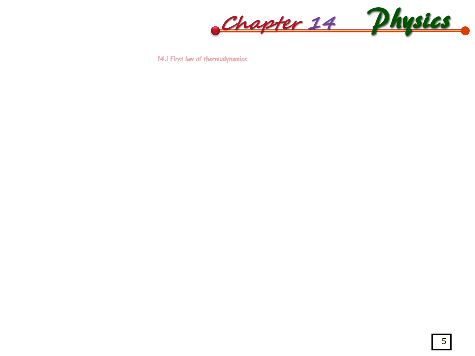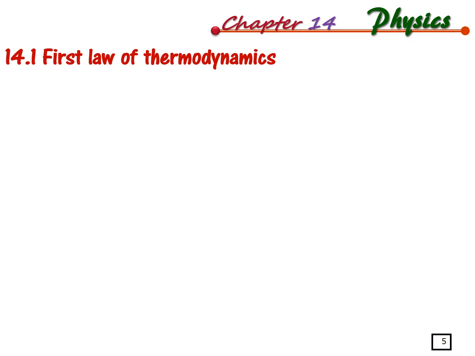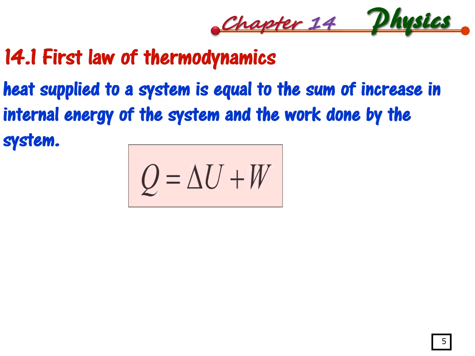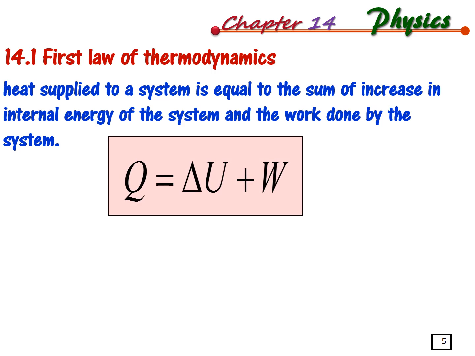The statement of the first law of thermodynamics is: heat supplied to a system, which is a gas, is equal to the sum of the increase in internal energy of the system and the work done by the system. Or mathematically, which is easier, it can be written as Q equal to delta U plus W, where Q is the amount of heat, delta U is the change in the internal energy of the system, which is a gas, and W is the work done by the system, the gas.